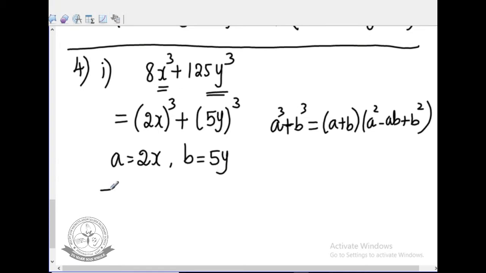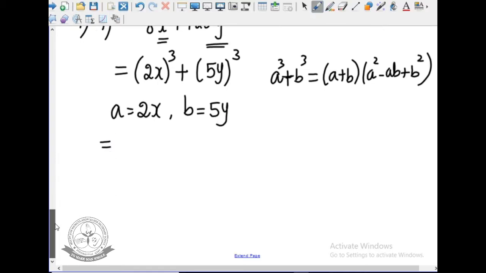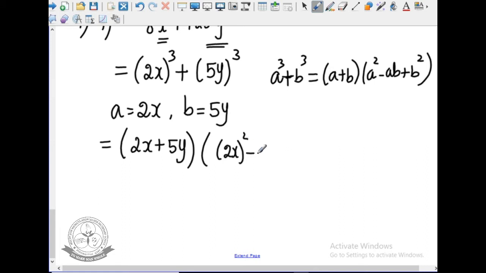So we can write a plus b means 2x plus 5y, and a square means 2x whole square, minus ab, a is equal to 2x and b is equal to 5y, then plus b square is nothing but 5y whole square.